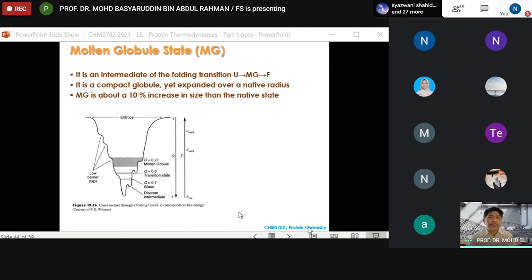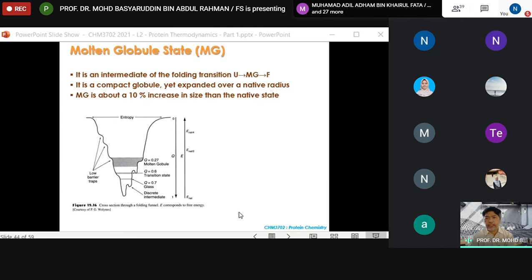So one of the sentences that I highlighted previously is molten globule state, and from our last lecture I also mentioned that this is another keyword. The key point when we discuss protein stability or folding and unfolding is this MG, molten globule state. So what is actually a molten globule?